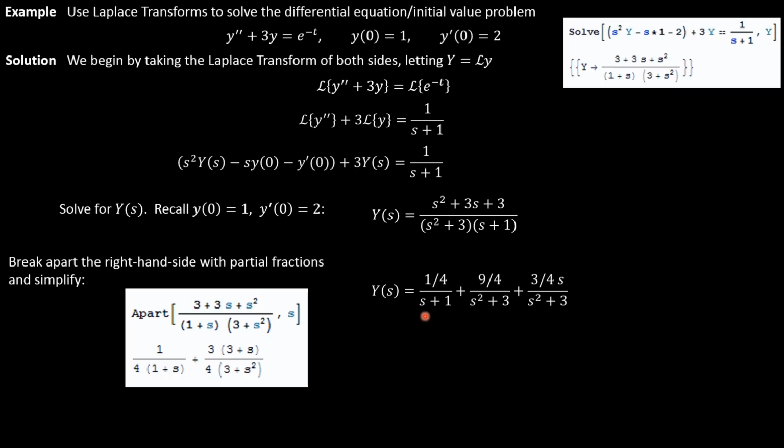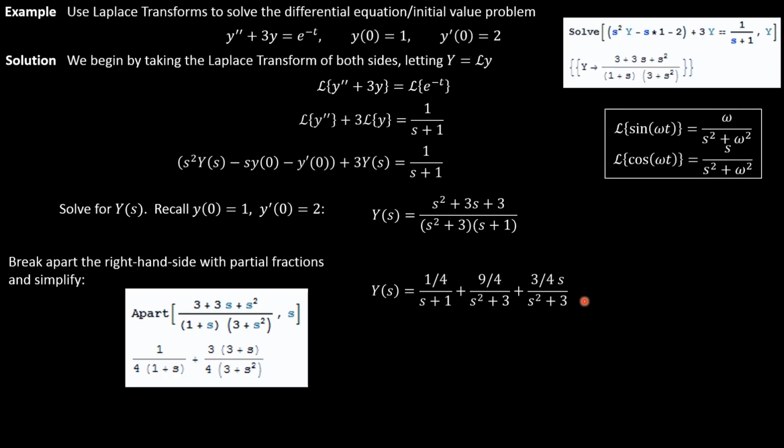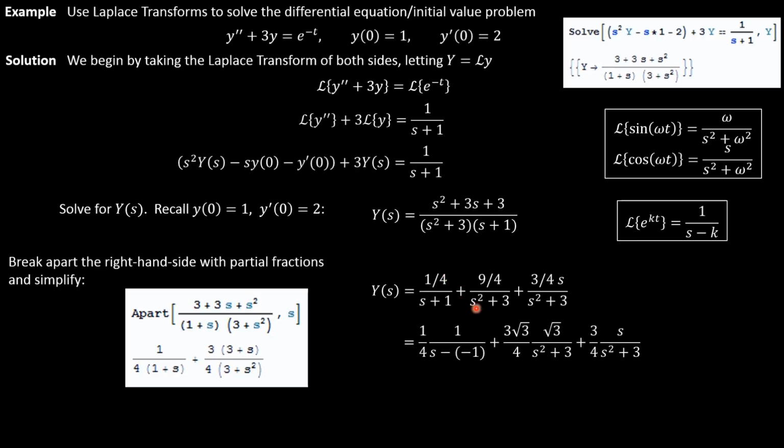And now we recall a couple of things. Recall that the Laplace transform of the sine of omega t is this, and the Laplace transform of cosine omega t is this. Well, we basically have those here and here. Also recall that the Laplace transform of e to the kt is 1 over s minus k, which looks an awful lot like what we have here. Now, I've rewritten these things suggestively for you.